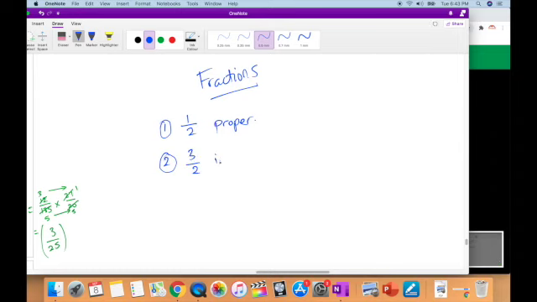Improper. Right. And then the third type is? Mixed number. And then there's a fourth type and a fifth type.